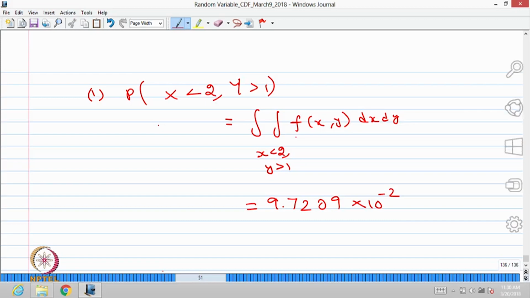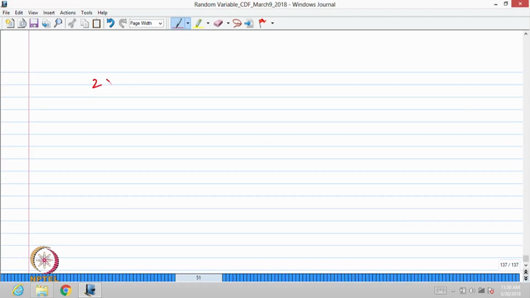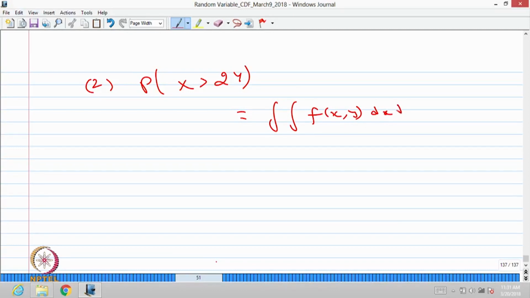We will go for the second problem. Find the probability of x greater than 2 times y. This is also in a similar way, the double integration of the joint probability density function over x greater than 2y.